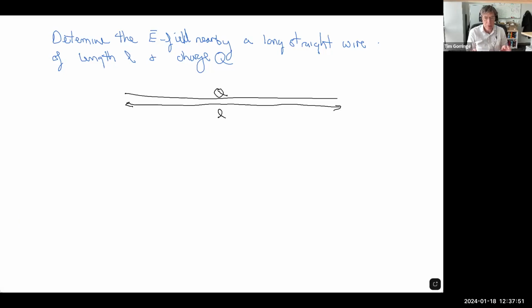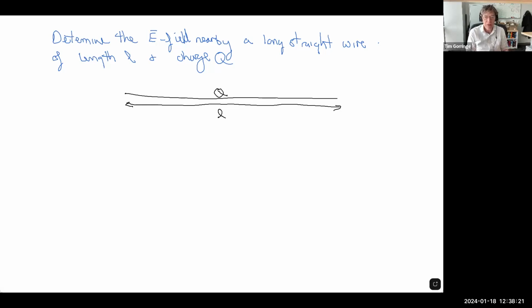So in this problem, we're asked to imagine a long, straight wire. This long, straight wire is uniformly charged with charge Q. This long, straight wire has length L. And we're going to figure out the electrical field nearby the straight wire, close to the straight wire.